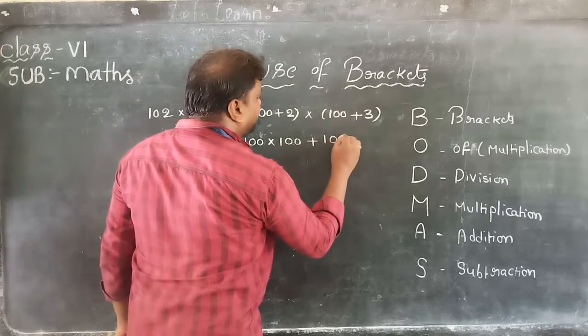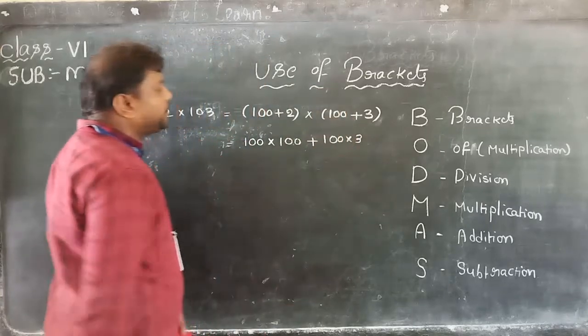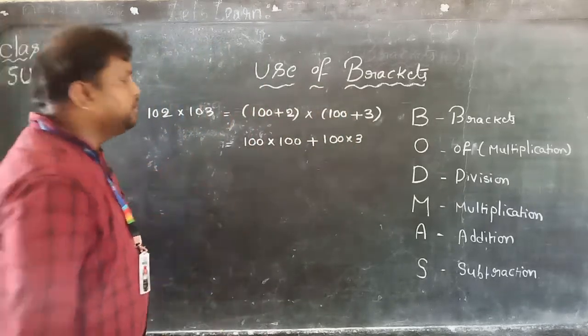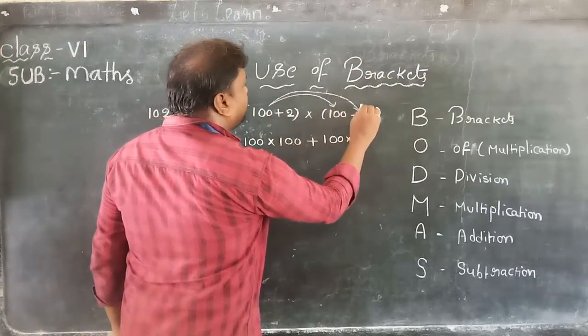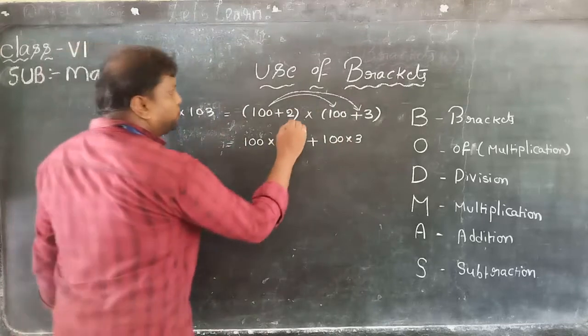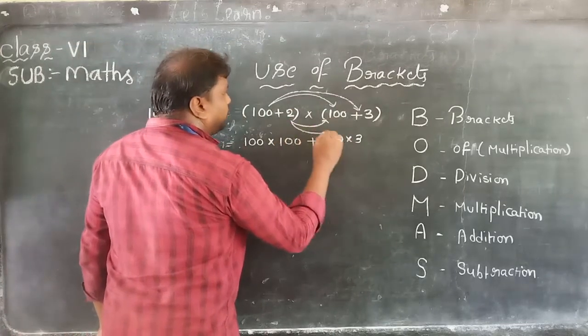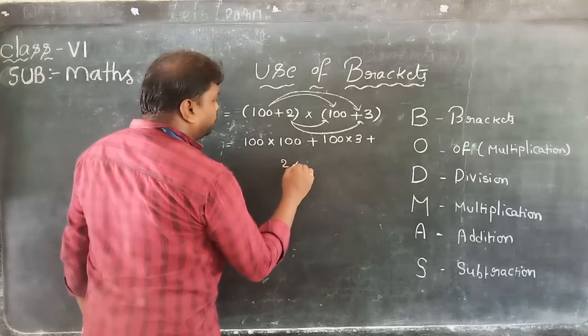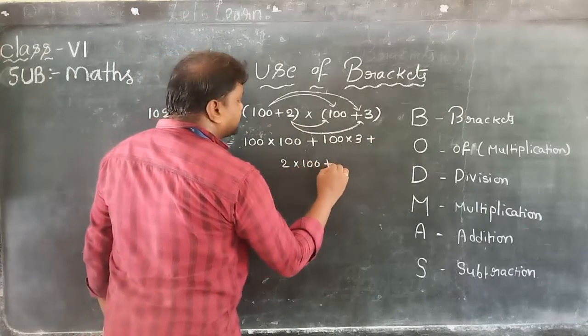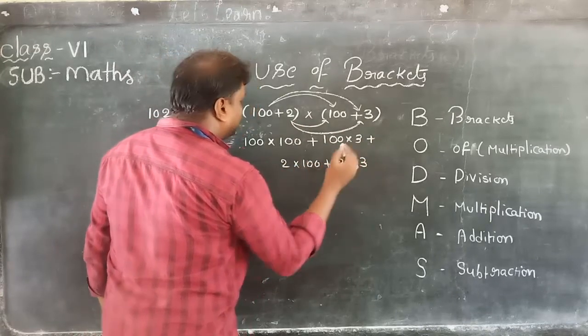With that 100 is over. Next 2 into 100 and 2 into 3. What is the symbol? Plus 2 into 100 plus 2 into 3.